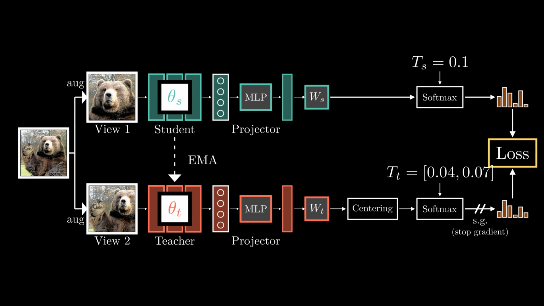Temperature handles that balance. We set a low temperature for the teacher to produce sharp, confident outputs, and a higher temperature for the student for softer outputs. This balance of centering and temperature prevents collapse to trivial or uniform solutions, enabling richer, more meaningful embeddings.